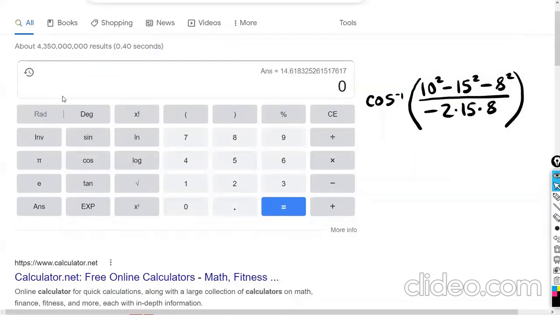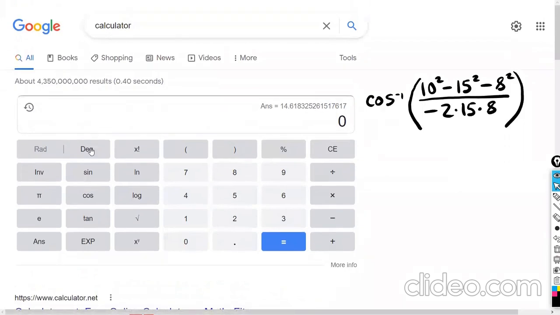So again, using our Google calculator, you want to make sure DEG is highlighted, set to degrees. I'm going to do this first in parentheses and then take the inverse cosine of the answer. So 10 squared, I have to click INV to get x squared, minus 15 squared, minus 8 squared.